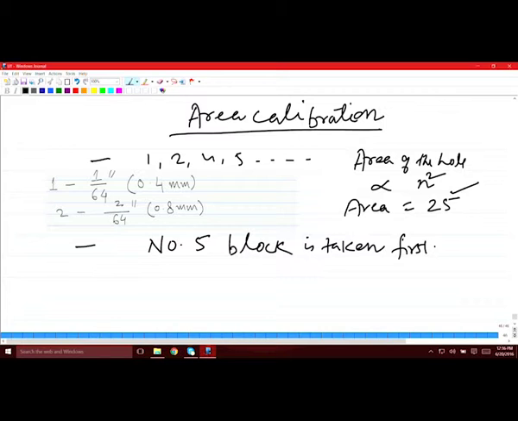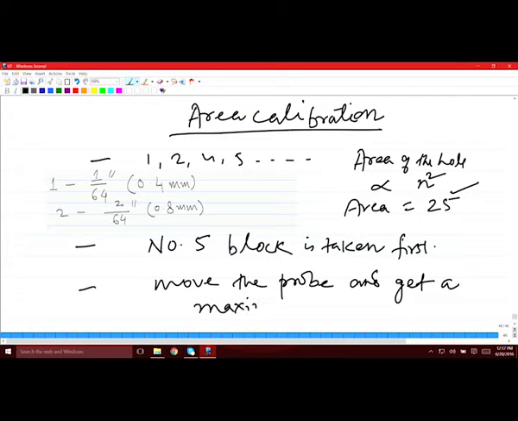So, take this number 5 block, move the probe and get a maximum signal from the hole.